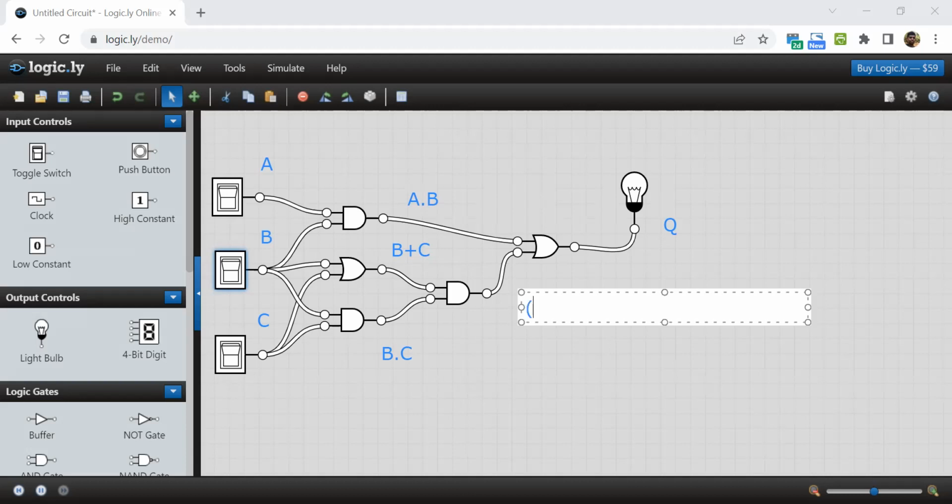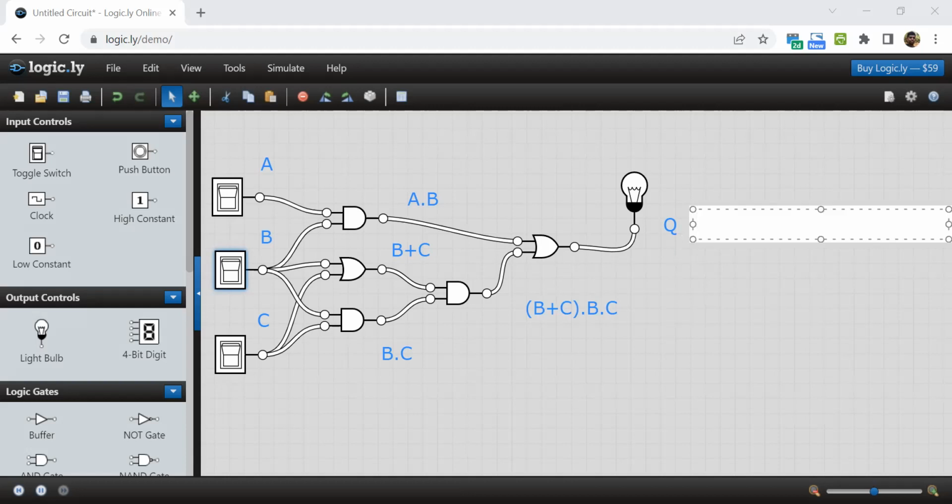So that means we have B plus C, right, dot B dot C. So this is what we have, and this is the AND gate. So Q we can write down equals A dot B plus (B plus C) into BC, isn't it?